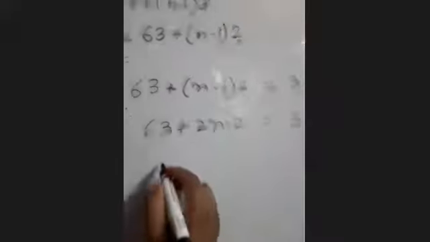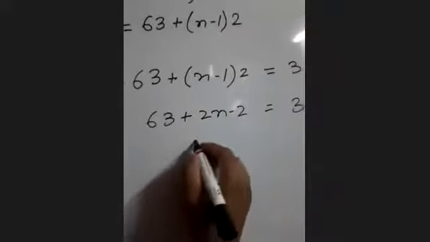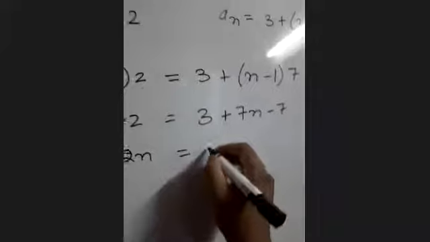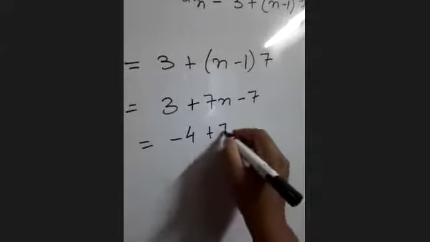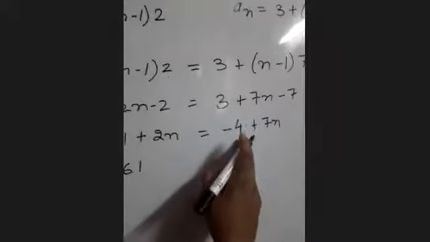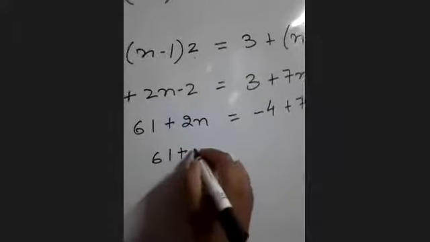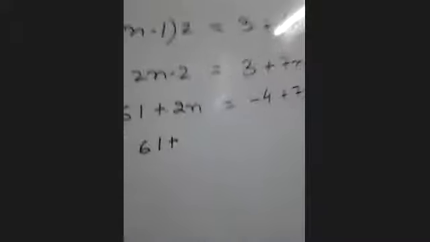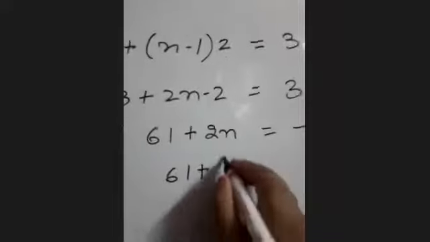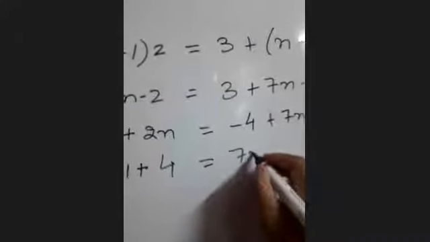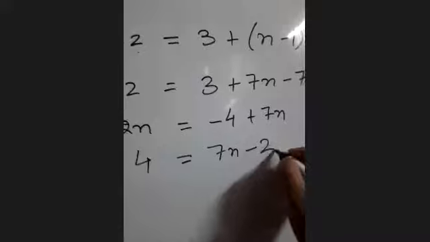So 63 minus 2 gives 61 plus 2n equals, and 3 minus 7 gives minus 4 plus 7n. The 4 transposed from RHS to LHS becomes addition, so 61 plus 4, and the 2n transfers from LHS to RHS, so it will be 7n minus 2n.